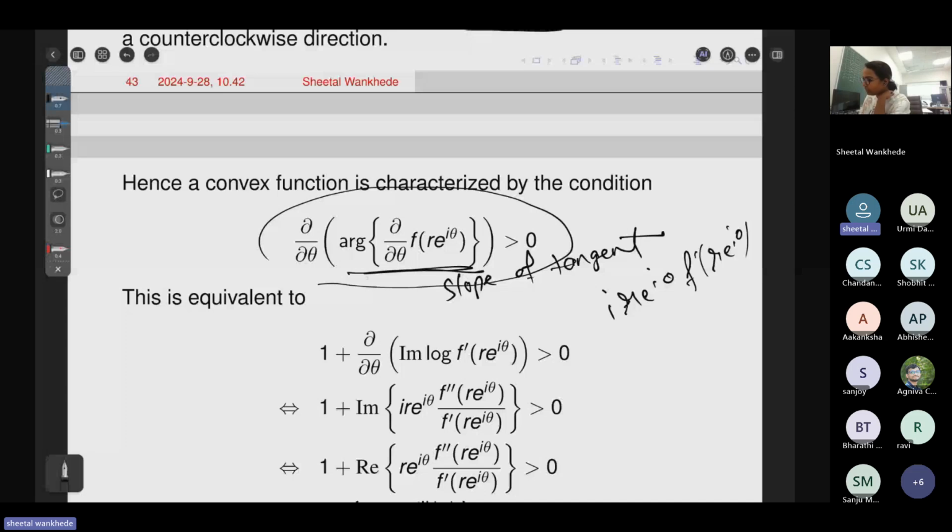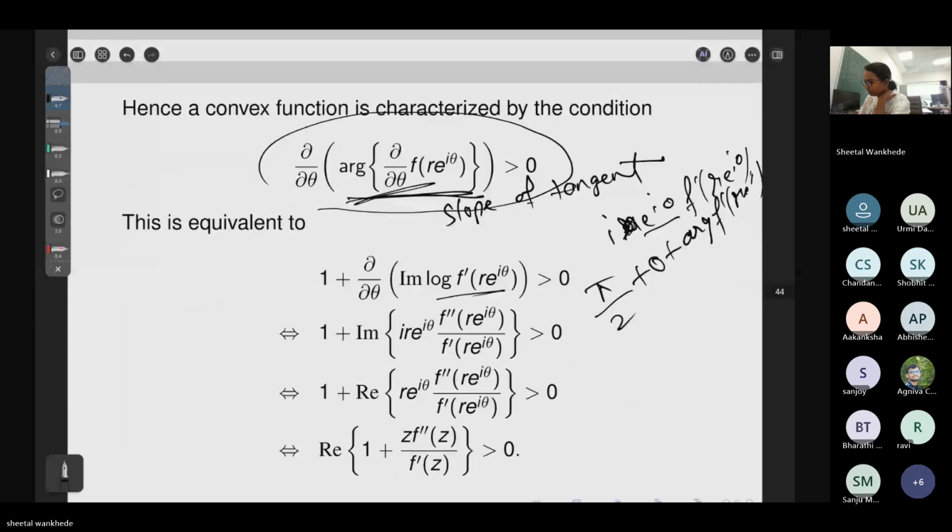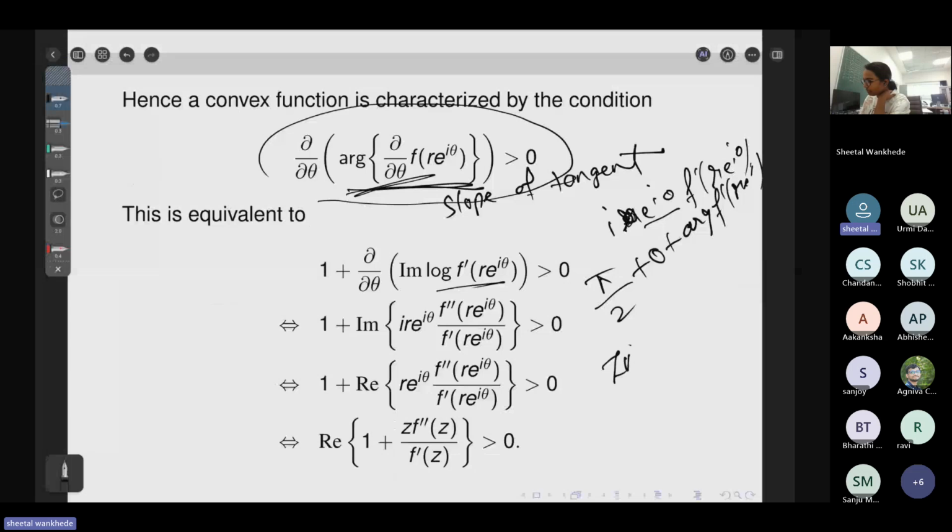When we apply the argument, we know pi by 2, argument of this is theta, plus the argument of f dash of r e to the power i theta. And we know the argument is the imaginary part of log. So we take the imaginary part out and take the derivative of this log function. And we know that the imaginary part of iz is equal to the real part of z. So we apply that here and we get this.